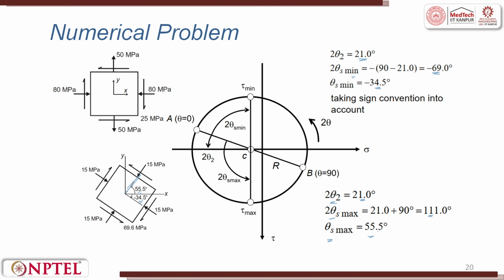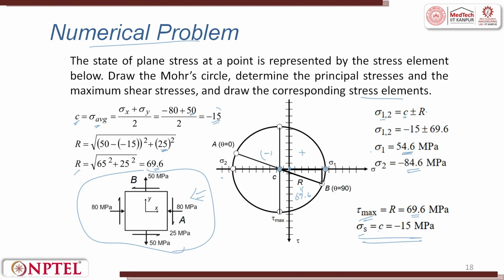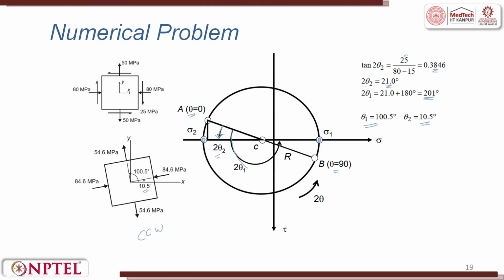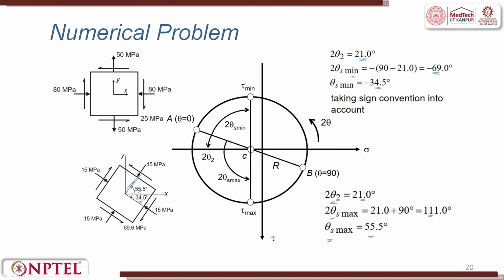So, what did we see in this numerical problem? We saw the state of plane stress at a point was represented in an element which is given below. Drawing the Mohr circle diagram, we calculated the principal stress, maximum shear stress and also the corresponding stress elements. So, when we rotate it, we found theta 1 and theta 2, and here we again rotated in the other direction and found theta 1 and theta 2.